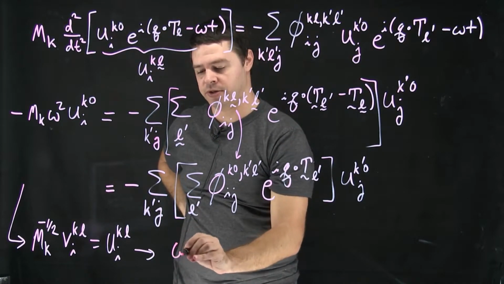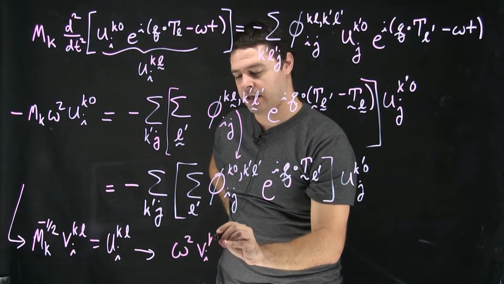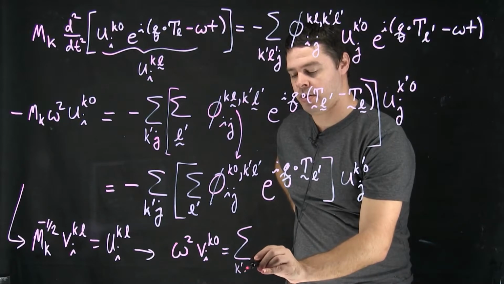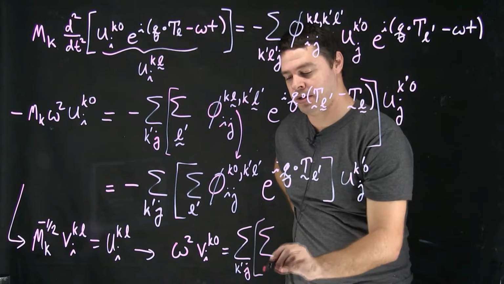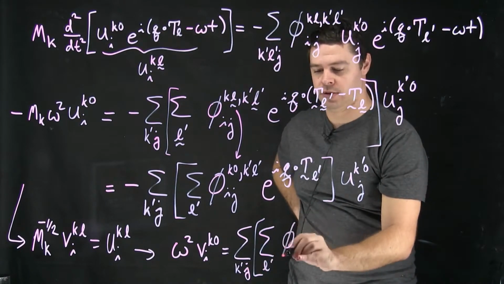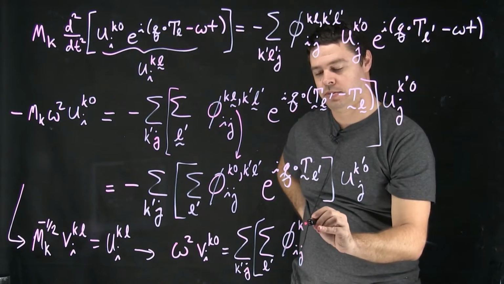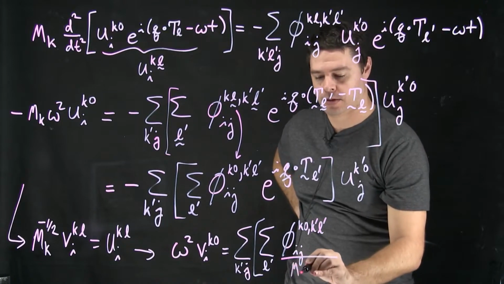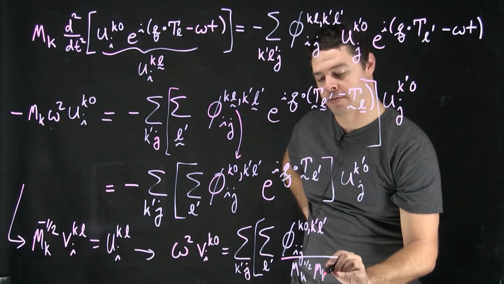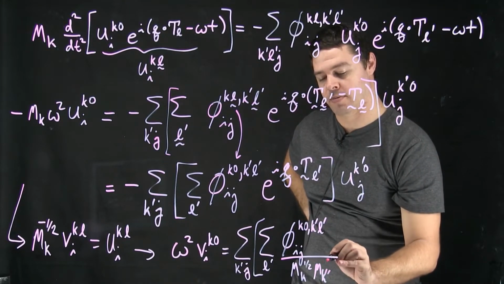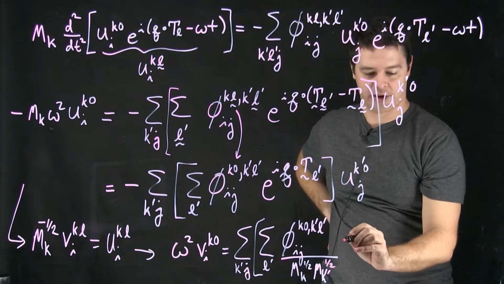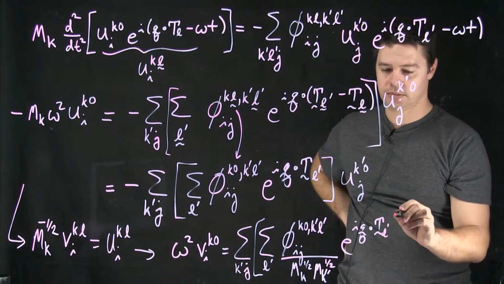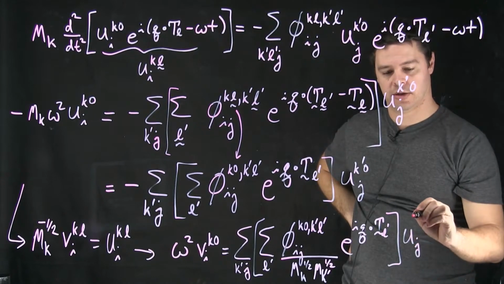And so the quote final result is that omega squared v_ik0 equals the sum over k prime, j, times this other summation over l prime of the interatomic force constants, divided by m_k to the half times m_k prime to the half, times this factor of e to the iq dot the lattice vector, times v_jk prime.